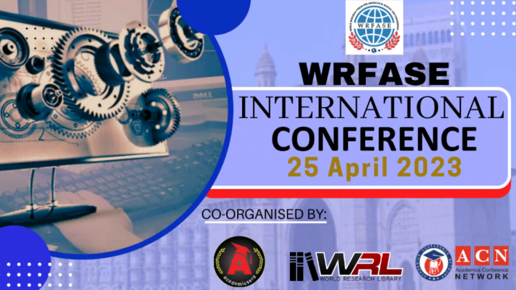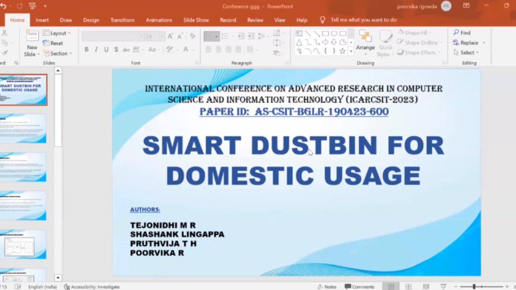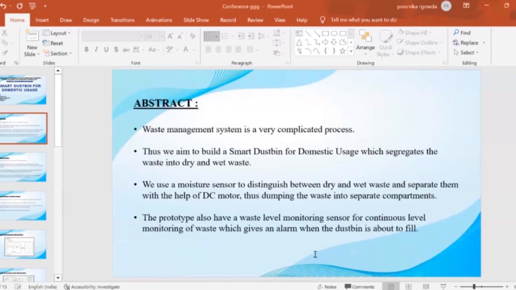Good afternoon, everyone. Myself Purvika, and our topic is smart dustbin for domestic usage. So today we are discussing the abstract. Waste management is a very complicated process in our country. Thus we have aimed to build a smart dustbin for domestic usage which segregates the waste into dry and wet waste.